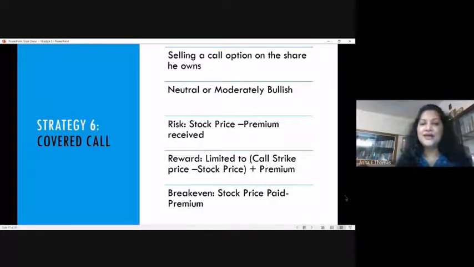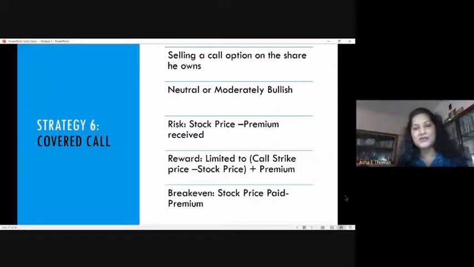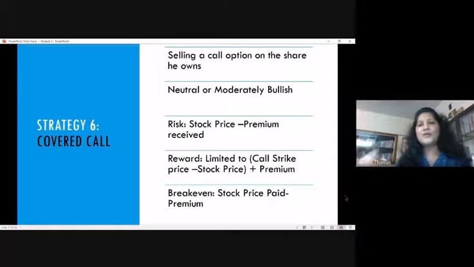So that's why we say that the maximum risk is your stock price, because you already own the asset. So your stock price minus the premium received when you are selling your call. The reward is limited to your premium. Of course, if the call is exercised by the other party, then it will be the difference between the strike price and the stock price, plus the premium, if there is a difference.